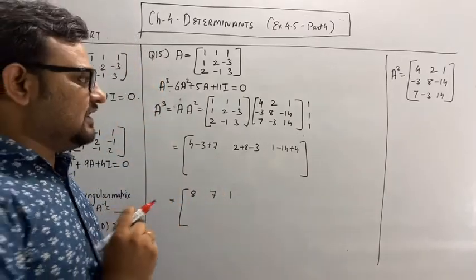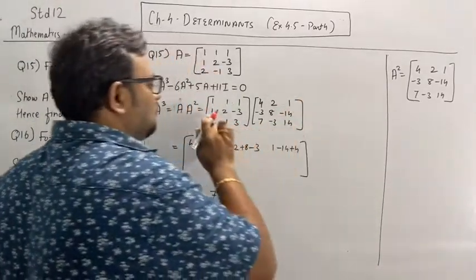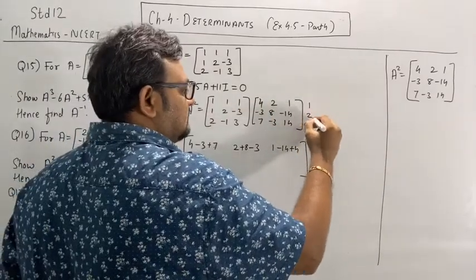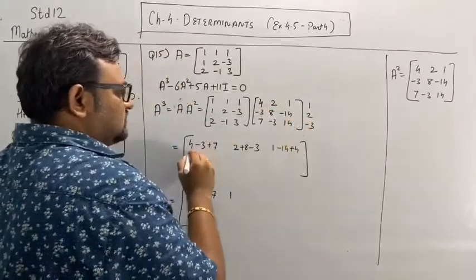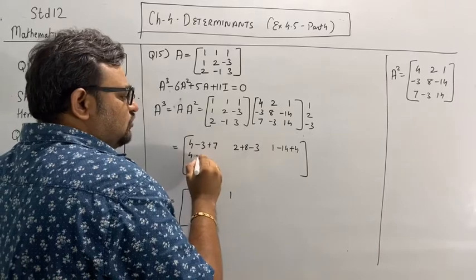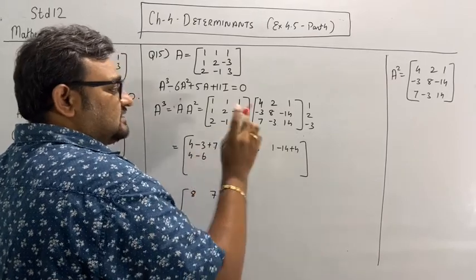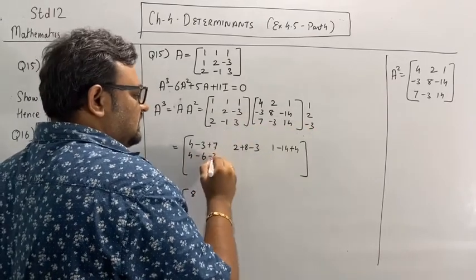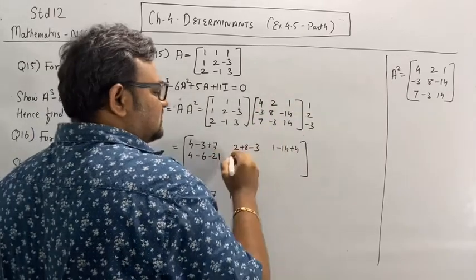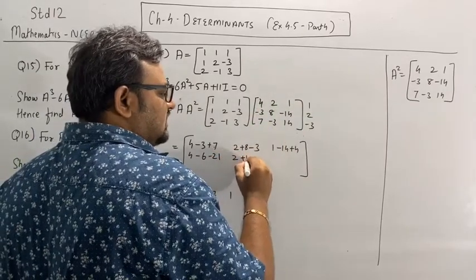Clear? Now let's take the second row, 1, 2, minus 3. So 4 ones are 4. Minus 3 into 2, minus 6. 7 into minus 3, minus 21. 2 ones are 2. 8 twos are 16.